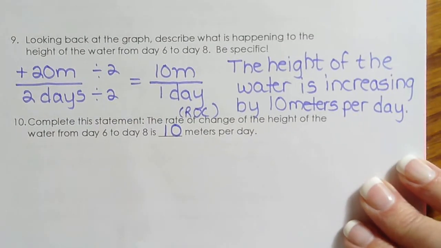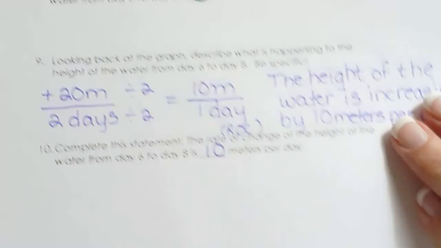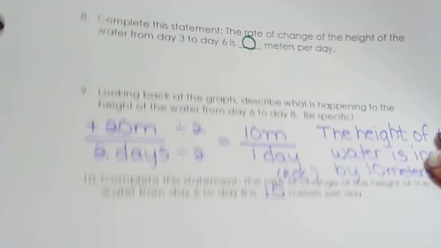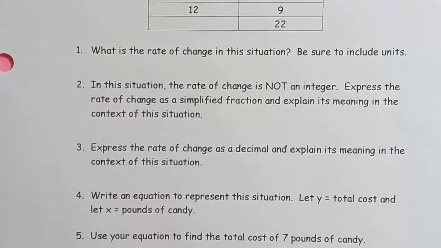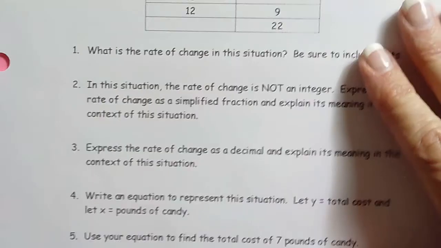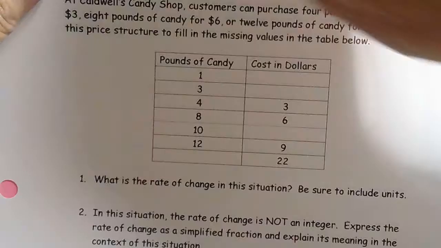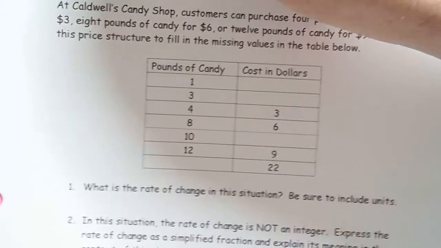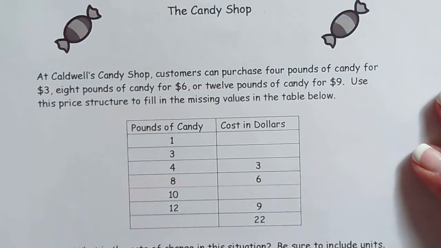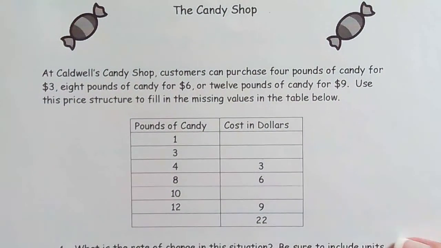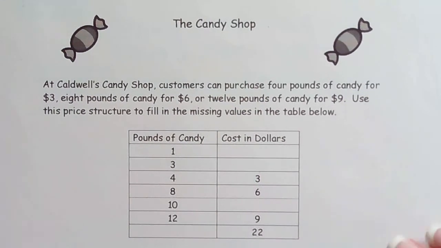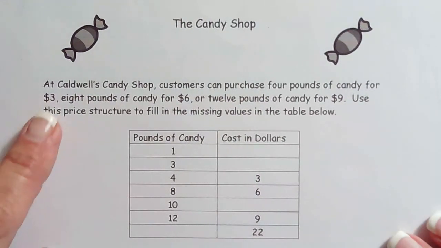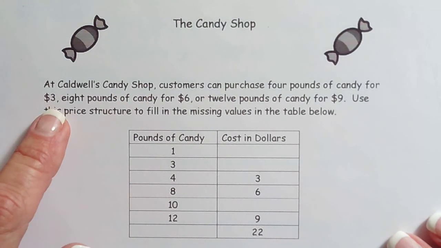Okay, let's go ahead and look at page 3. So that was our little introduction to rate of change. Page 3, we have a candy shop going on. So at Caldwell's Candy Shop, customers can purchase 4 pounds of candy for $3.